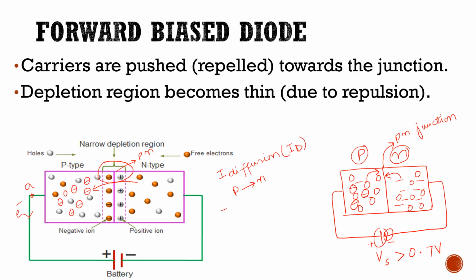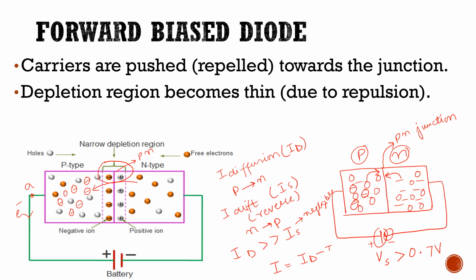Now, the direction of drift current, which is also known as reverse current, is from N to P and it is represented by IS. In case of forward biased diode, diffusion current is much greater than reverse current, which is negligible. So, the equation of current will be I is equal to ID minus IS.